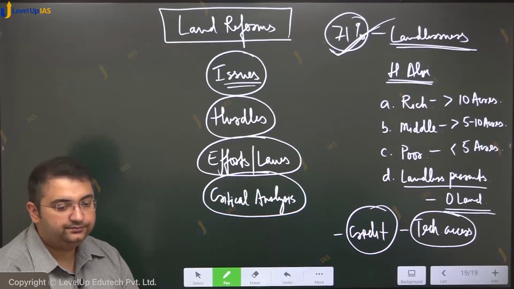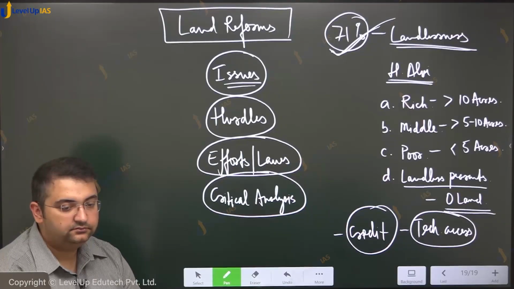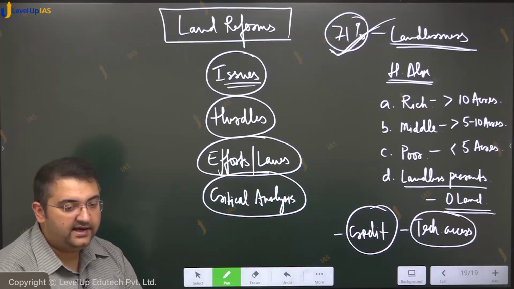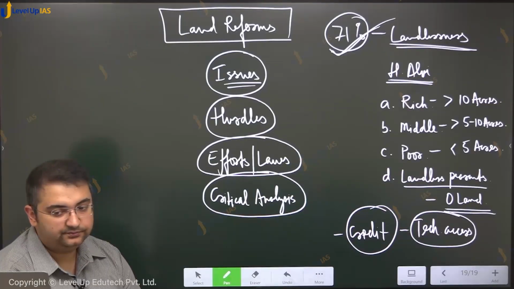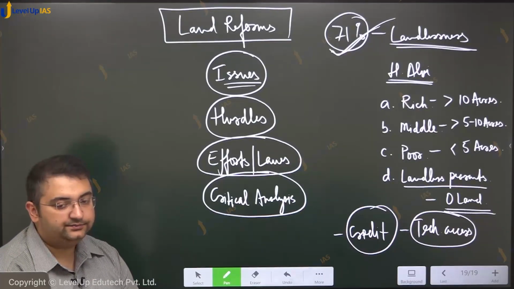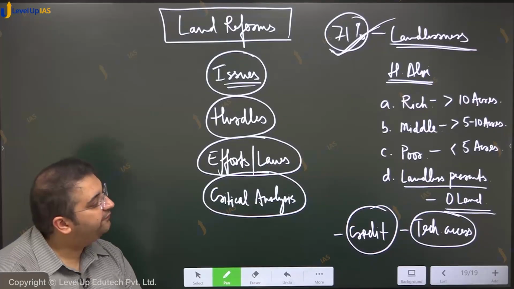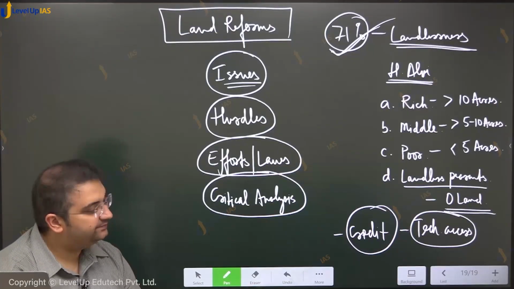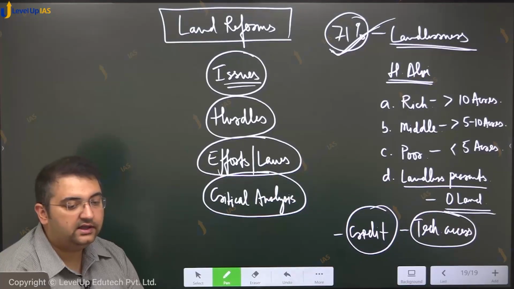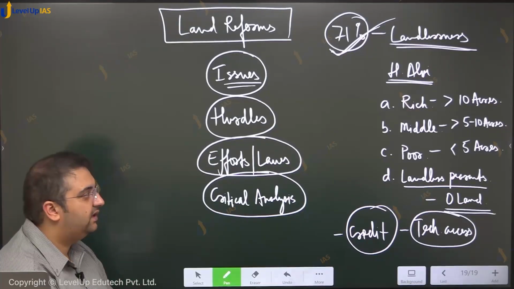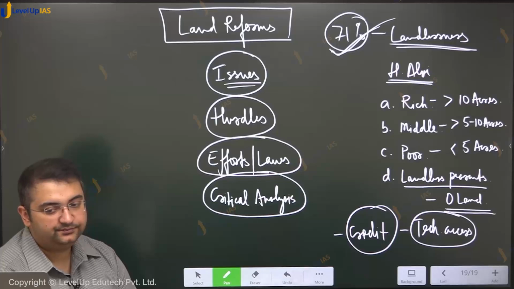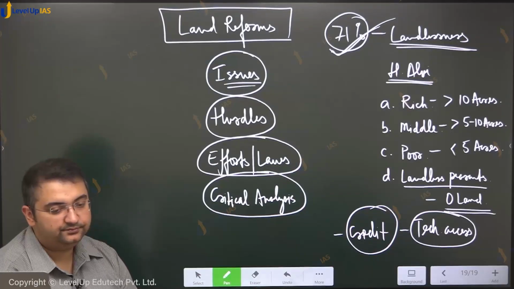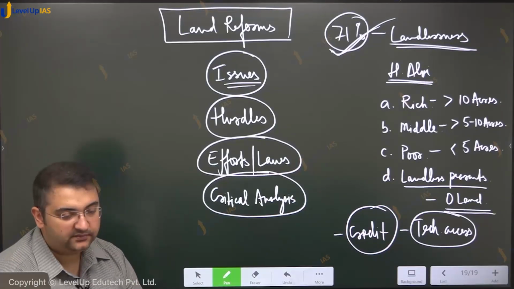And D, landless peasants or laborers. They worked on the lands of zamindars and rich peasants and paid rent.